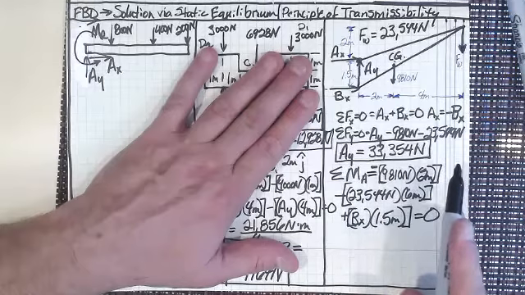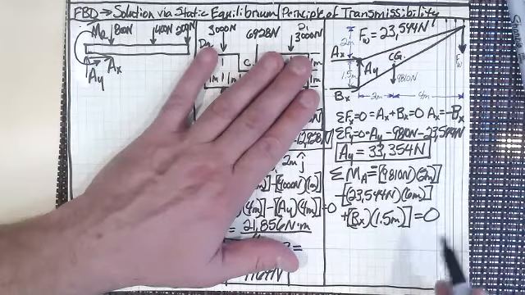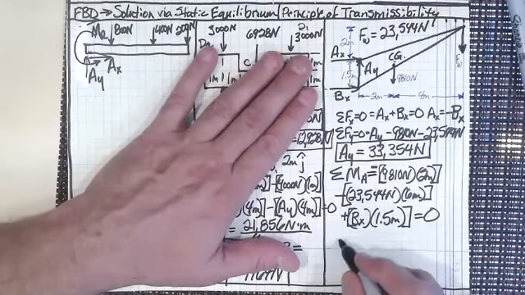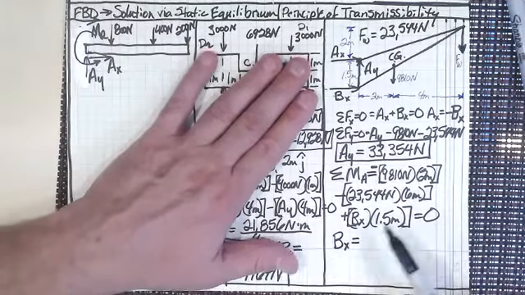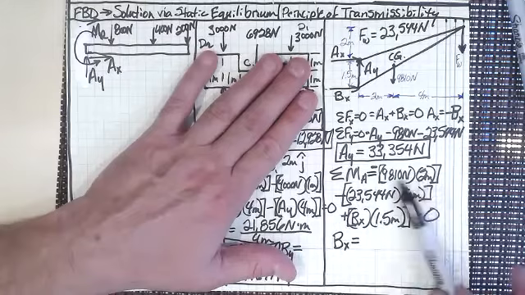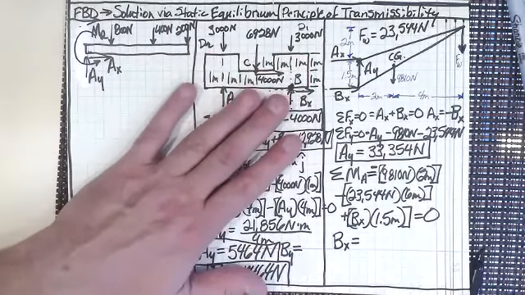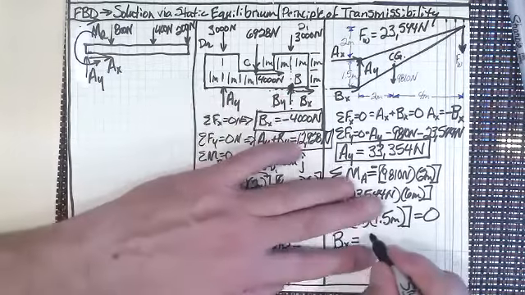We know what A sub x is in terms of B sub x. So now we can figure out what B sub x is, because this is a positive, this is a negative, this is a negative. So 2 times 9810 plus 6 times 23,544 equals 160,884.